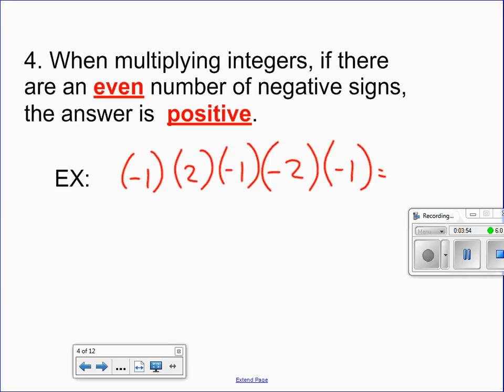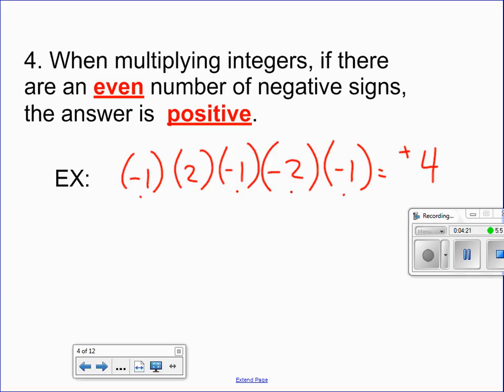I'm going to count up how many negative integers I have. 1, 2, 3, 4. Since there is an even number of negatives, the answer is positive. Now I can just multiply. 2 times 2 is 4, because the remaining integers are 1, and anything multiplied times 1 is itself. So this would be a positive 4.